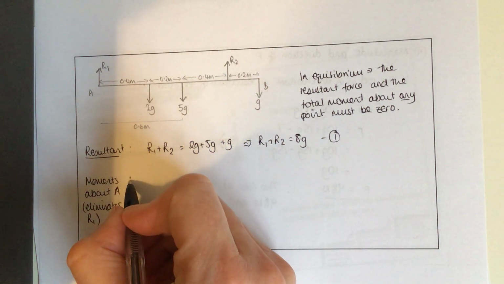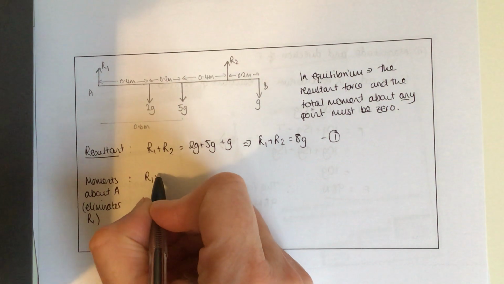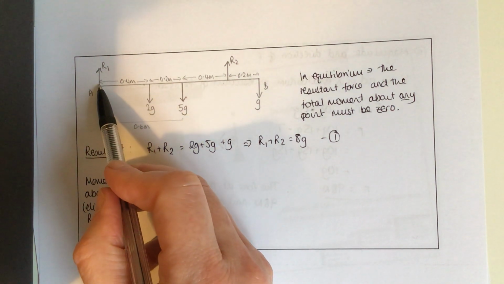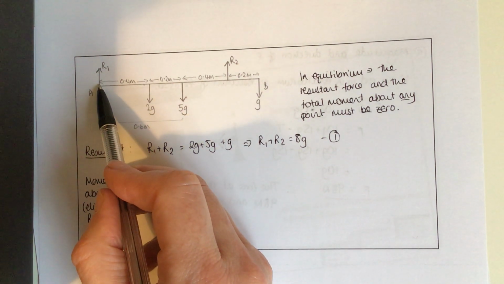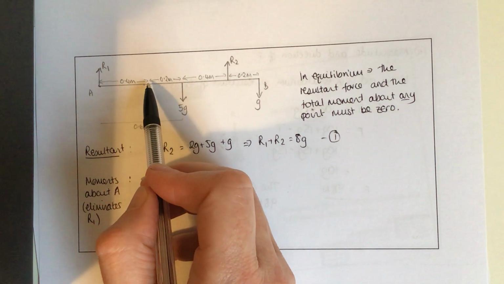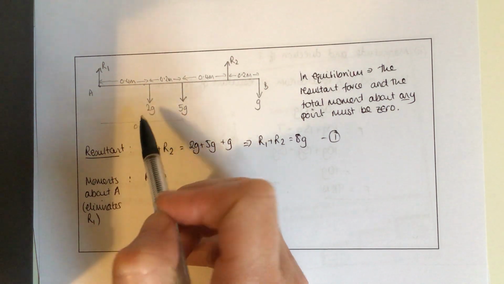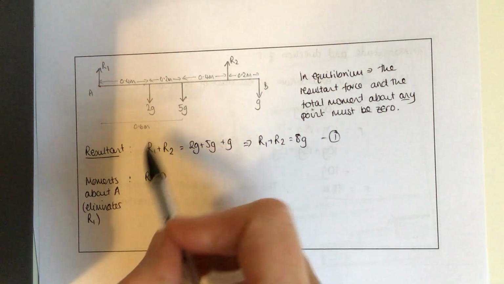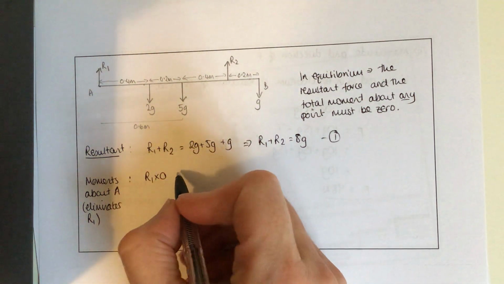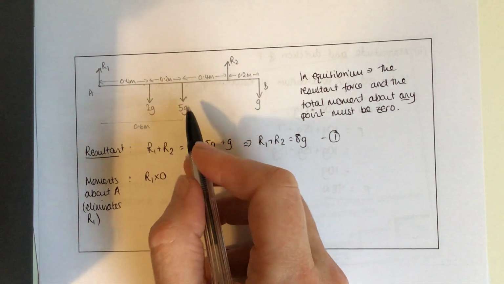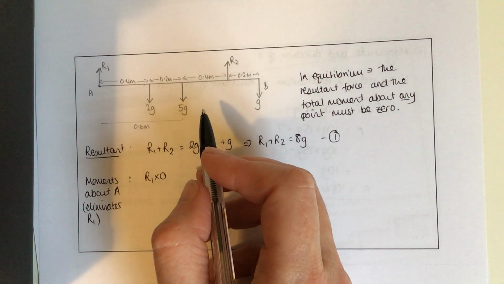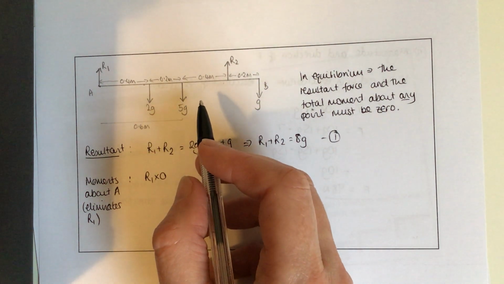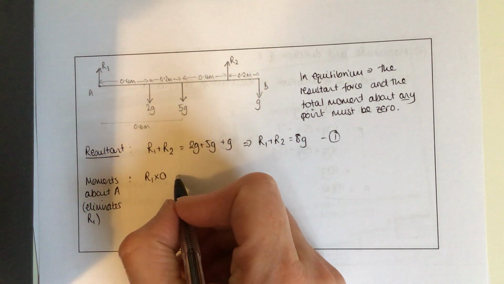So if I take my moments, I've got R1 times 0, because there's no distance from there. If I then look at this next force, again, I'm going to take these down ones as positive at the moment, so it doesn't really matter. We don't know what direction it would move in at all, so we're just going to take these ones as positive. This is where I start.